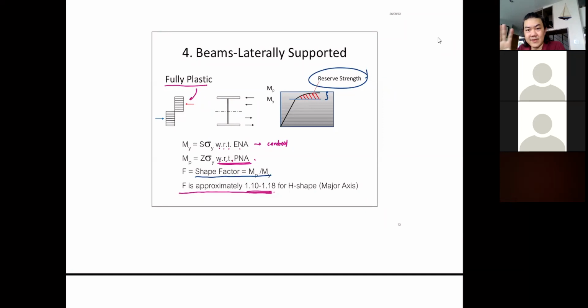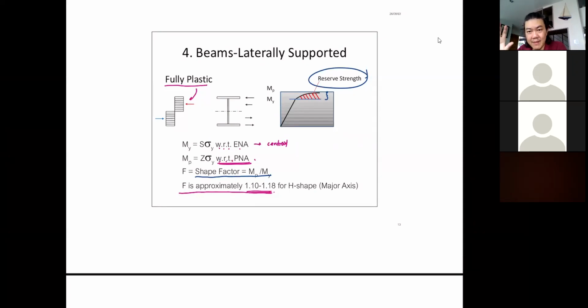We're now looking at the flexural members, and the first step that we do is we make sure that it is stable. So we begin with the beam that is stable, and we call it the laterally supported beam. And the beam will reach its maximum flexural capacity when it is laterally supported.